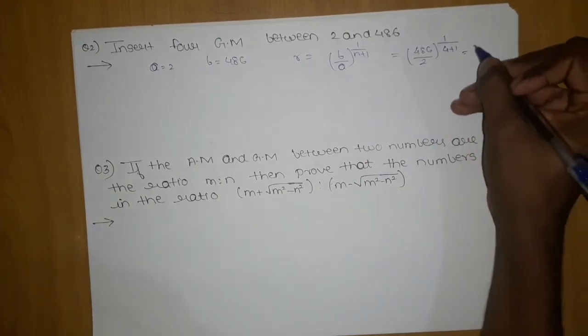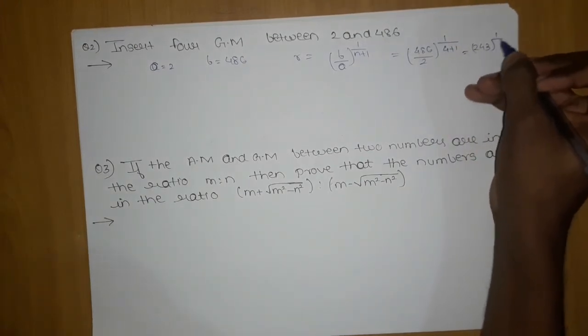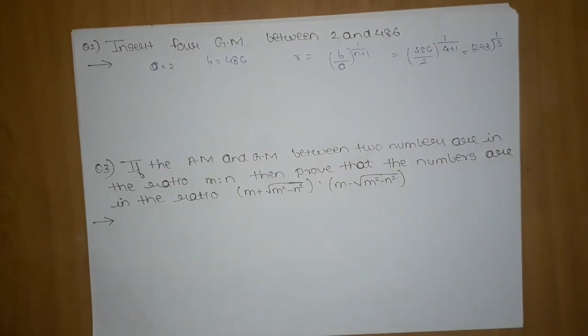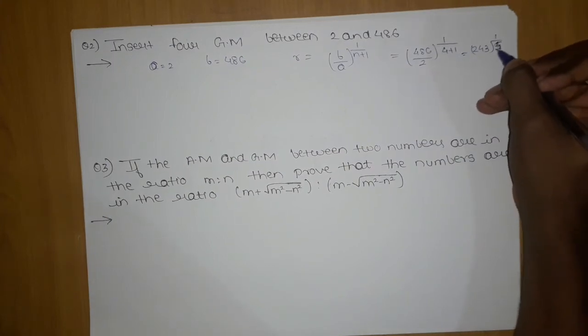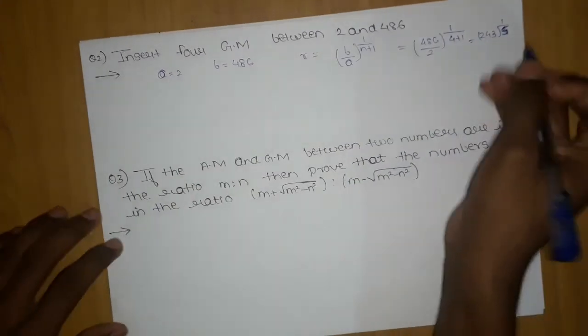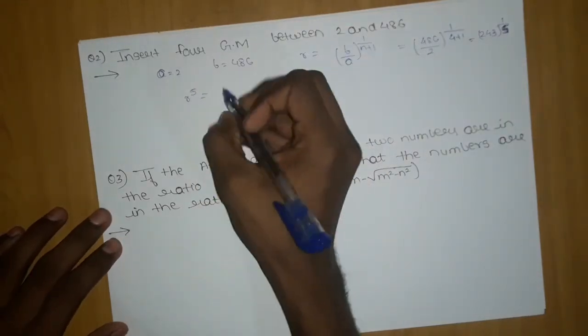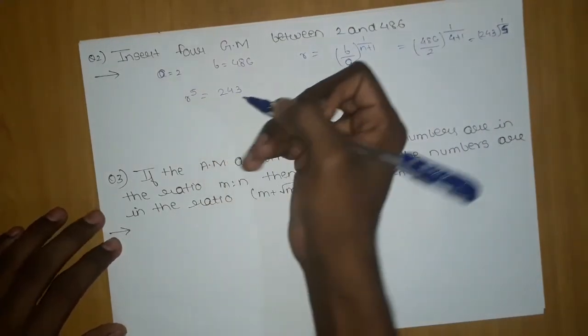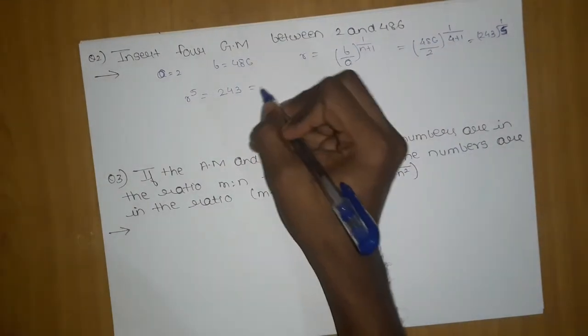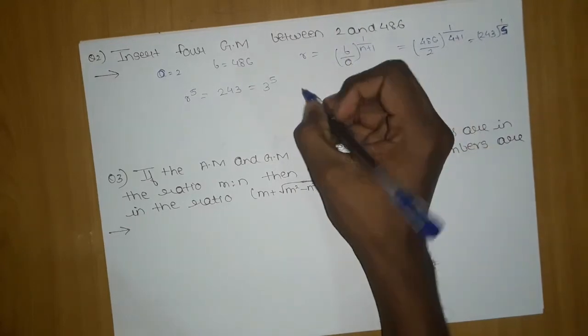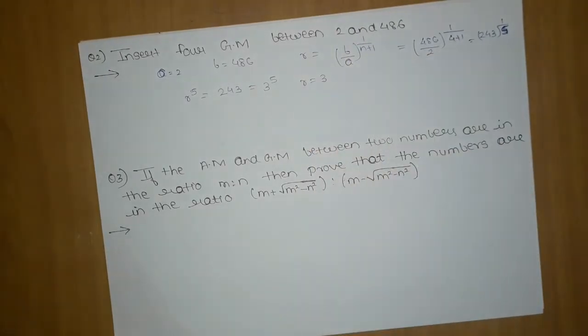So 486 by 2 is 243, to the power 1 by 5. If I move 5 to that side, it is r to the power 5 equals 243. And if you observe, this 243 is 3 to the power 5. So we got r equals 3.